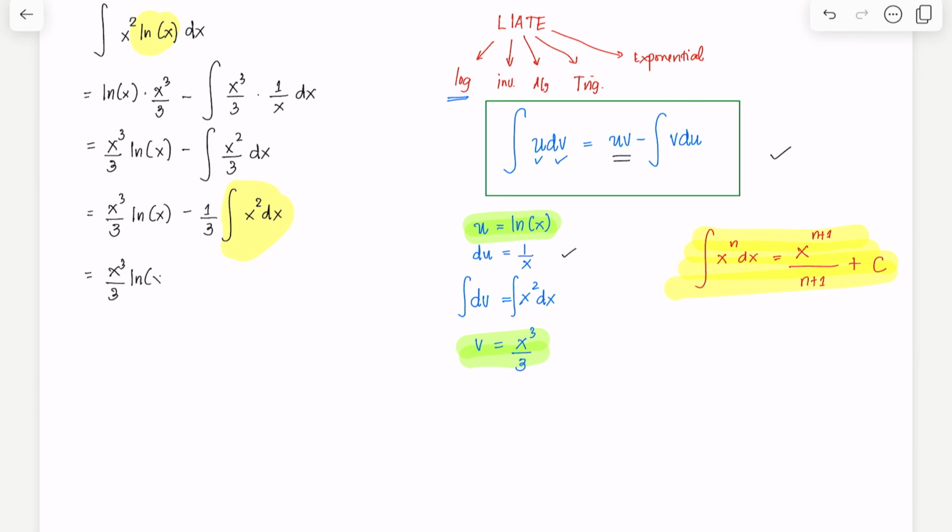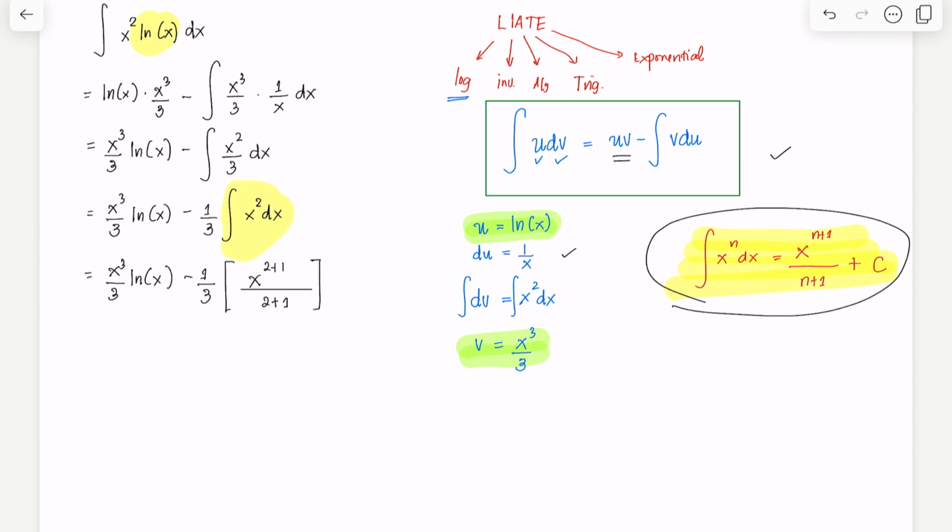And then notice that this will just become, I'm going to copy 1/3. And this part over here, if I'm going to apply this, is just x to the 2 plus 1. I'm applying this portion over here. And that will be divided by 2 plus 1. And of course, you have your plus c, the integration constant.